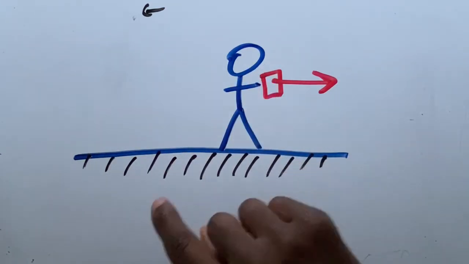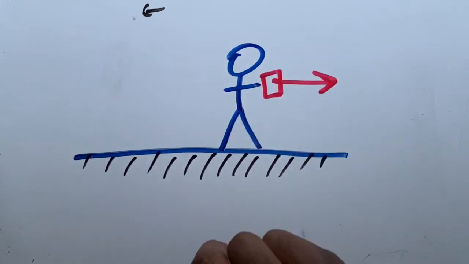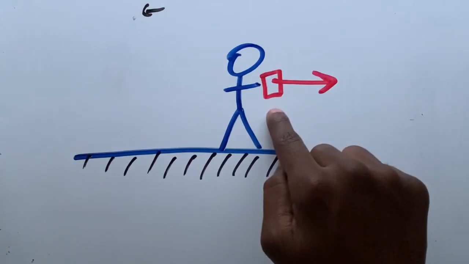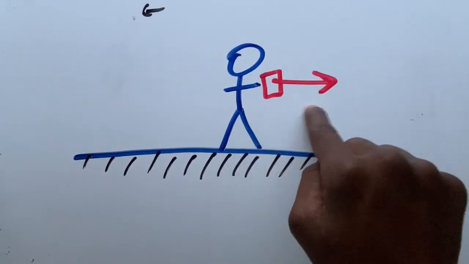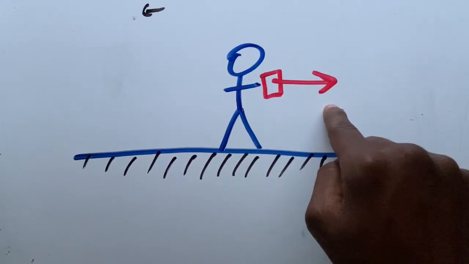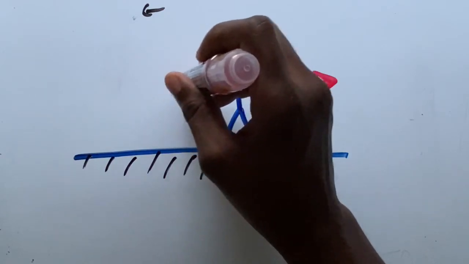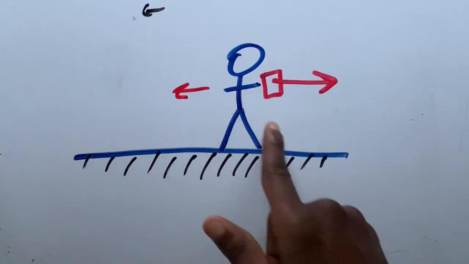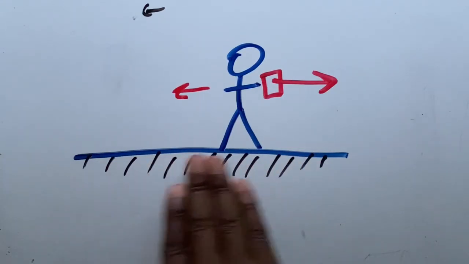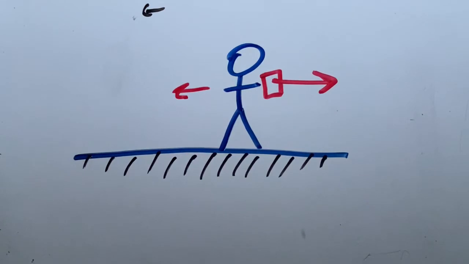Because for every one interaction, there's two equal opposite forces. So the amount of force that you throw this brick with will then propel you towards this direction. And it's going to propel you in that direction because basically there's no friction on this ice to hold you back.